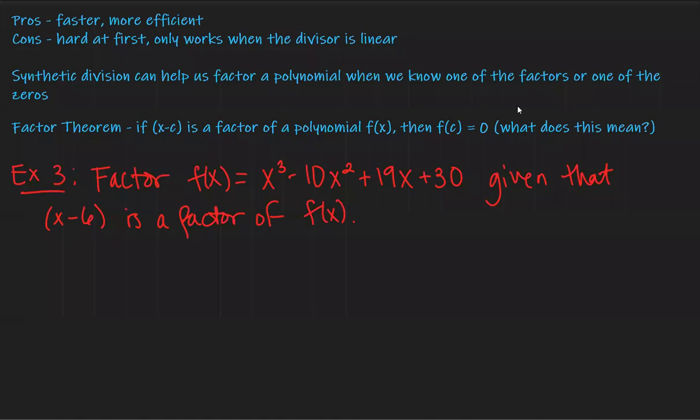Let's continue talking about this new technique, synthetic division. We did a few examples with it, so let's talk about the pros and cons, just like we did with long division. Hopefully you agree with these pros, maybe you don't, and that's okay. But I think it really is faster and more efficient, because you don't have to do as much with the variables.